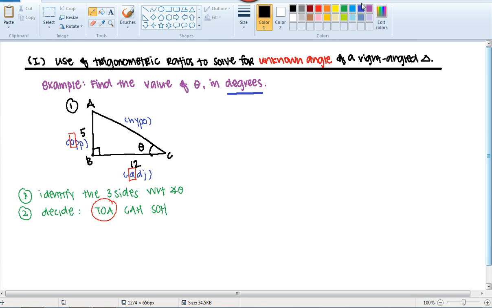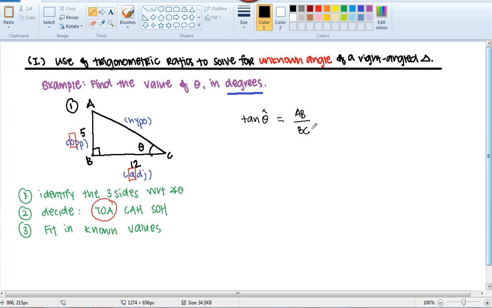Now that I have decided that I'm going to use toa, my third step is to fit in the values. Since I've decided to use toa based on the given information, I'll write down tangent of angle theta equals to, I know that tangent is opposite, which is my side AB, over my adjacent, which is my side BC.